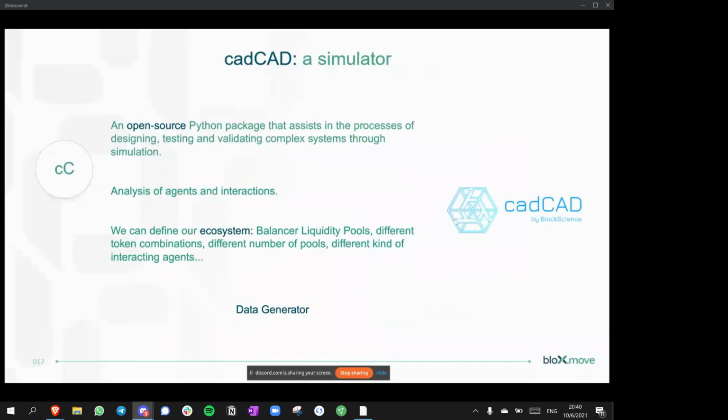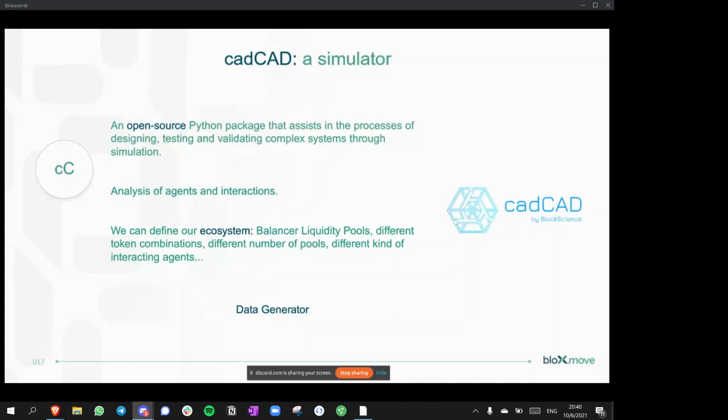But in the end, the most relevant thing in this combination, and the role that cadCAD is playing in this combination with reinforcement learning, is the data generator. And for that it is a really helpful tool because it allows you to create an unlimited amount of data.